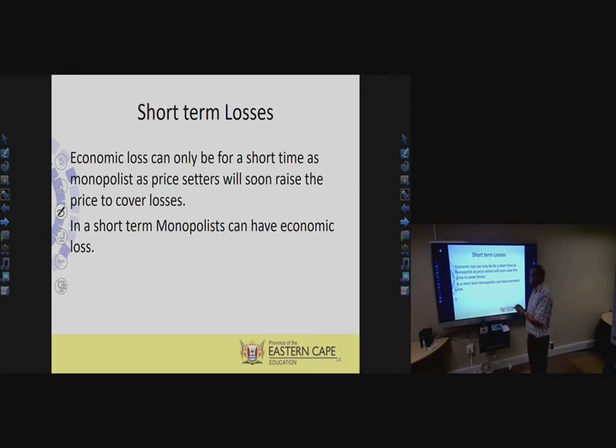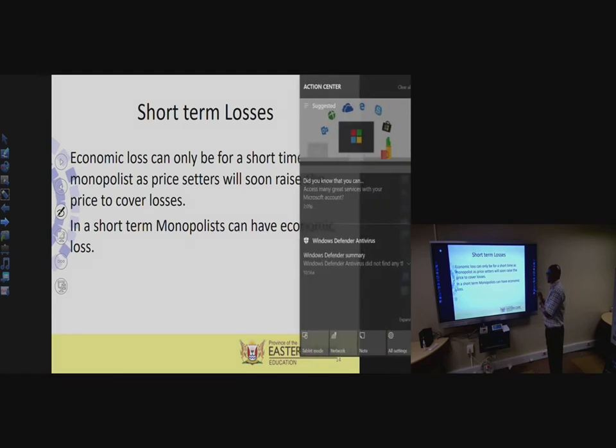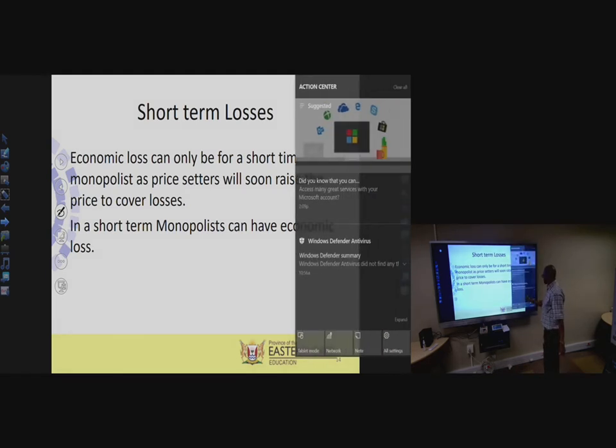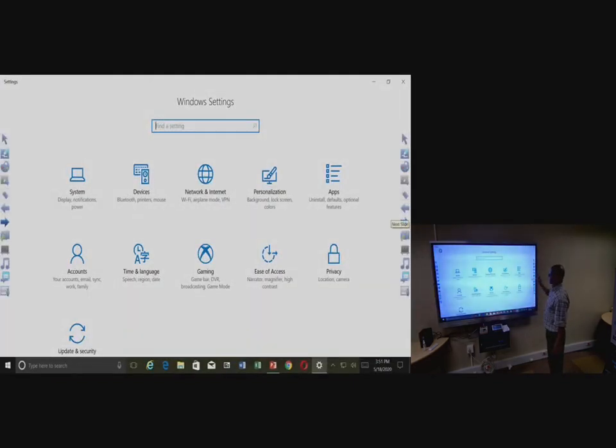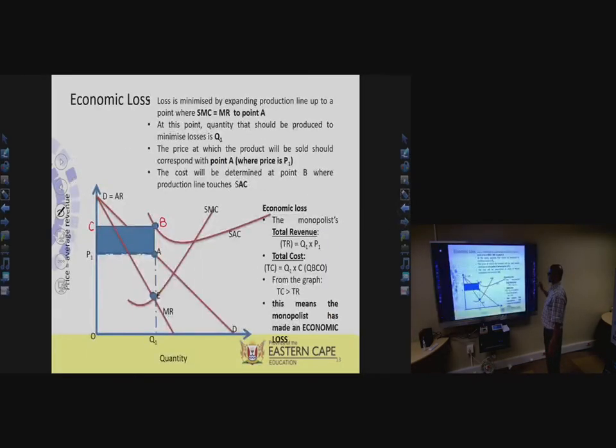Okay, then short-term losses. Economic loss can only be for a short time, as monopolies, as price setters, will soon raise the price to cover the losses. When they see that now we're operating at a loss, then they will reset their prices, and they will set a price whereby it covers the losses.